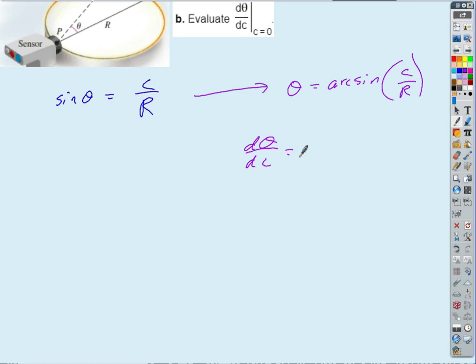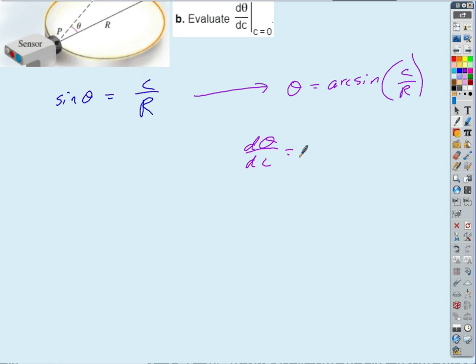Remember, c is the variable and r is a constant. We're differentiating with respect to c. So what's the derivative of c over r with respect to c? 1 over r. The derivative of c is 1.